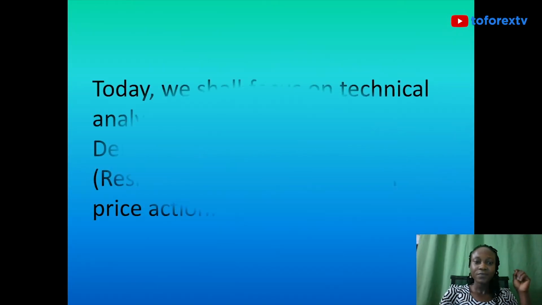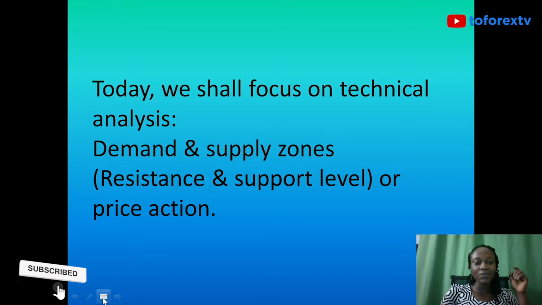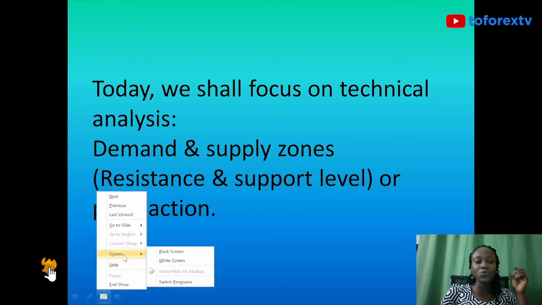Today we shall focus on technical analysis, which has demand and supply, the resistance and the support level, which I'm going to show us.